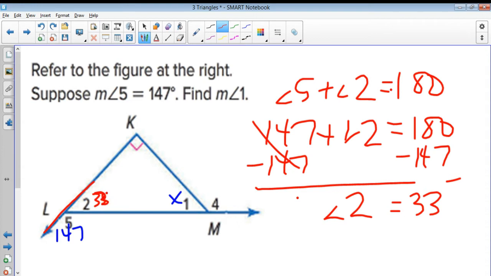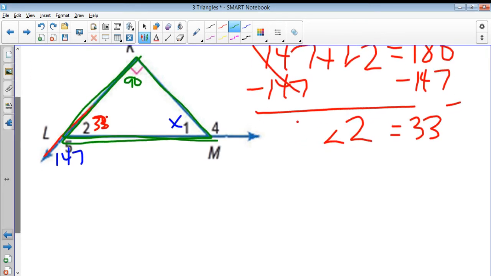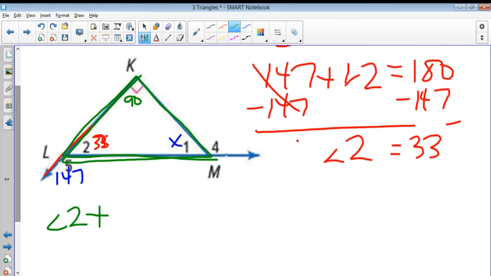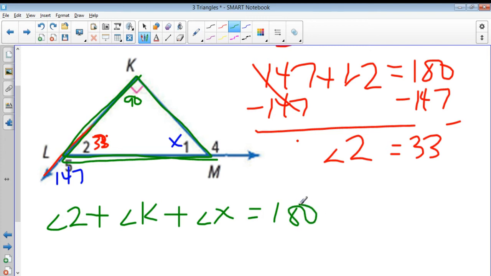Now we can very easily solve for angle x because we have a triangle right here. We have two of the angle measurements. This is clearly 90 as denoted by the little box there. So we have that angle 2 plus angle k plus angle x, or you could say angle 1, equals 180.